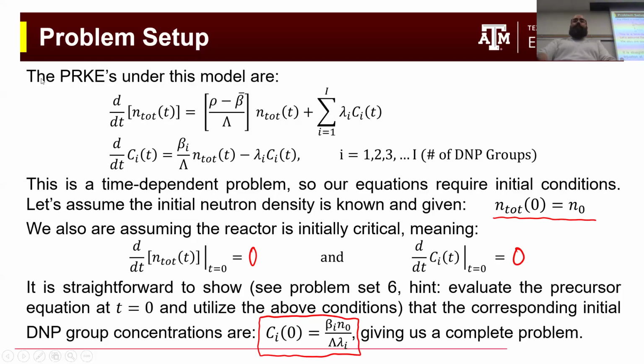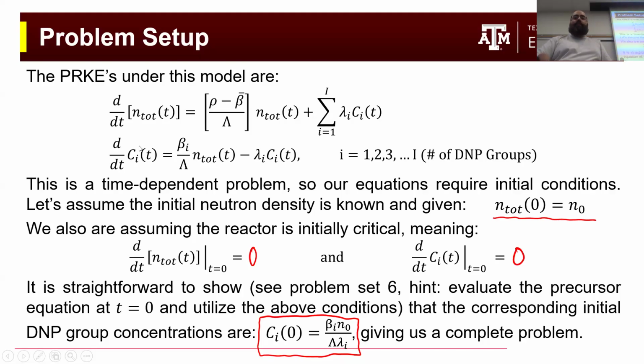Imagine that we're taking these equations and evaluating them at zero, so everywhere we see a t, we're plugging in zero. If we look at this equation right here, at t equals 0 we assumed initially critical, so this derivative is zero. Here we're evaluating the neutron density at time zero, which we know is just n naught.